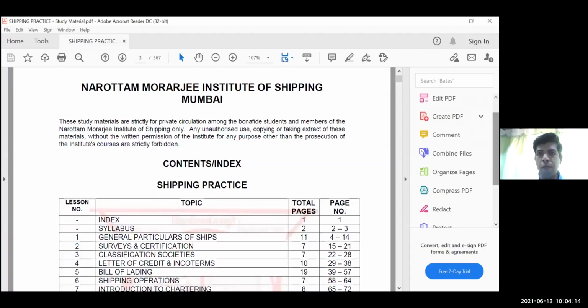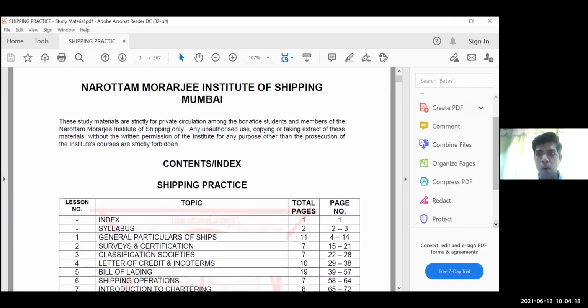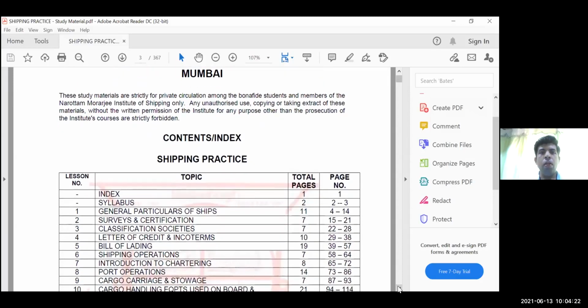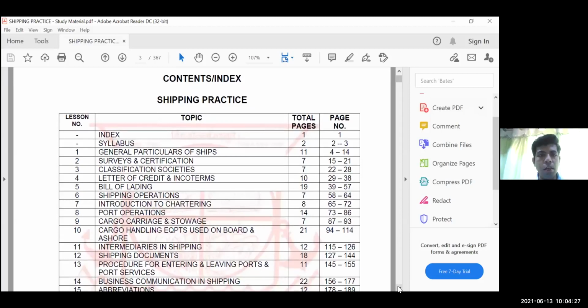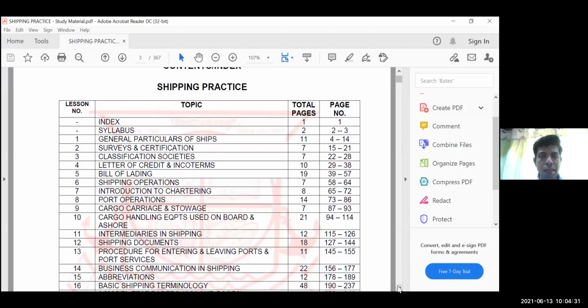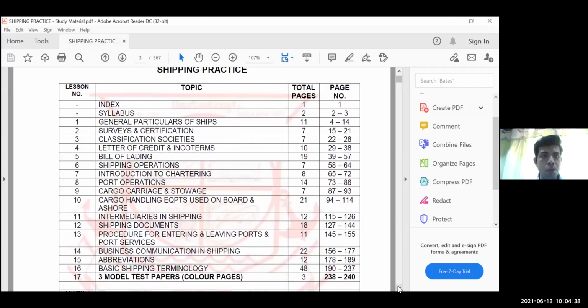Please confirm if my screen is visible to all. Yes, sir, visible. Okay, thank you. So you can see the content, the shipping practice. You must be having this book in e-form or hard copy, whatever, with you. Your video has been zoomed too much in the screen. It's covering the entire screen.